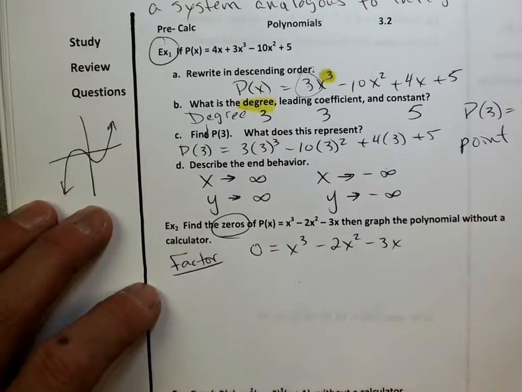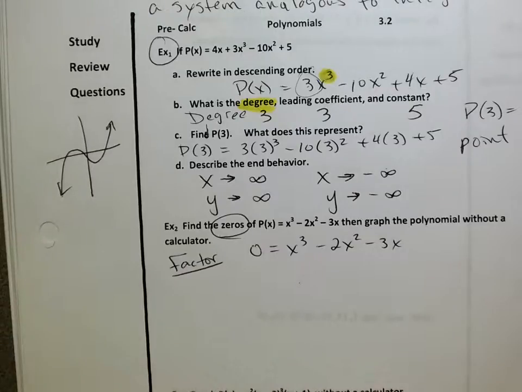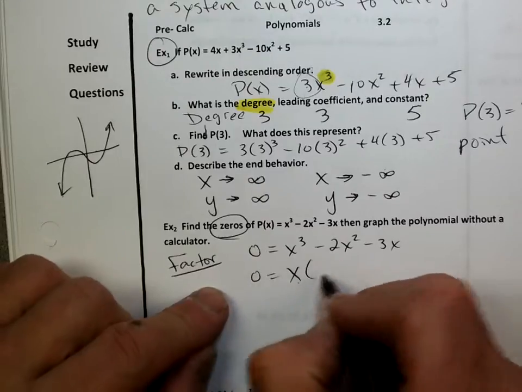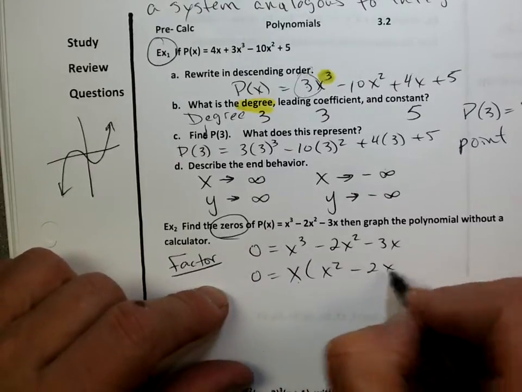If it's a 0, we set it equal to 0 to find the values of x that make it 0. Well, I'll give you a hint. It's the F word. Does anybody know how to factor besides me? Any ideas what we should do first on factoring this thing? Take out an x. They all have an x in common, so take out an x. So I'll have x squared minus 2x minus 3. Good.